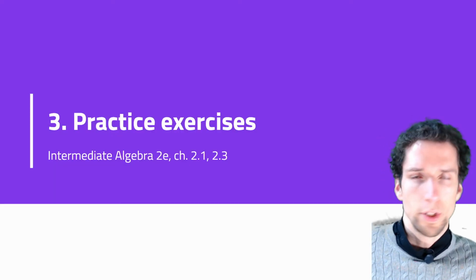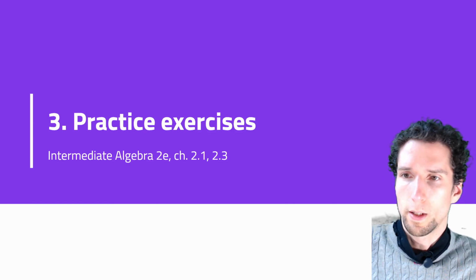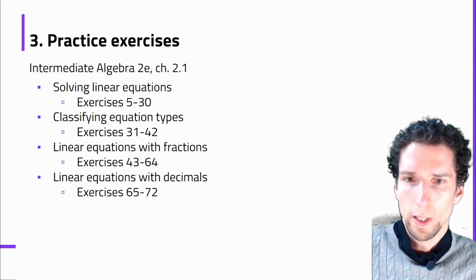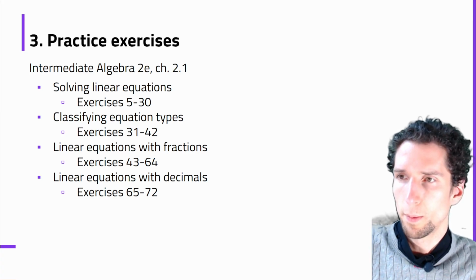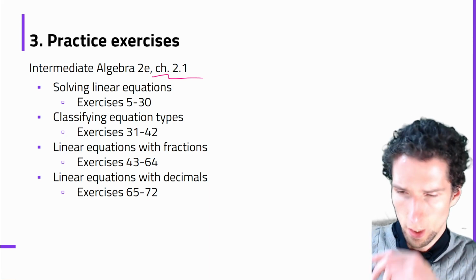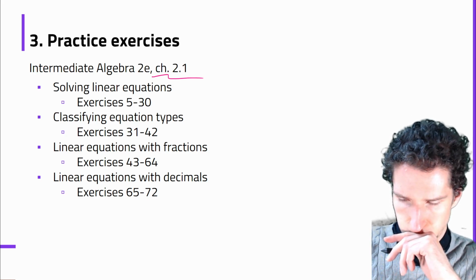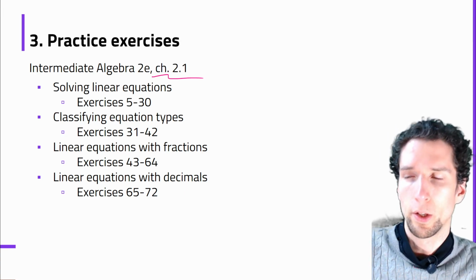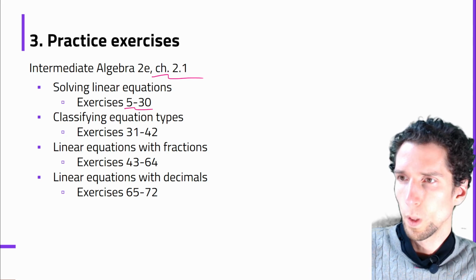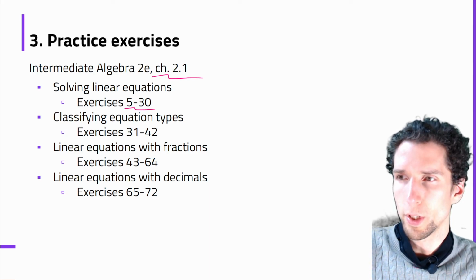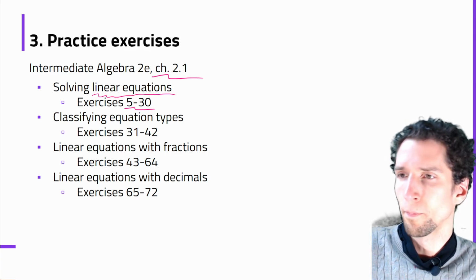Okay, I'll just show you some practice problems and then that's it for this one. So just solving linear equations, nice simple ones here. These are all in chapter 2.1, excuse me, 2.1 from our intermediate algebra textbook. Exercises 5 to 30 here, just about solving linear equations, nice simple ones.